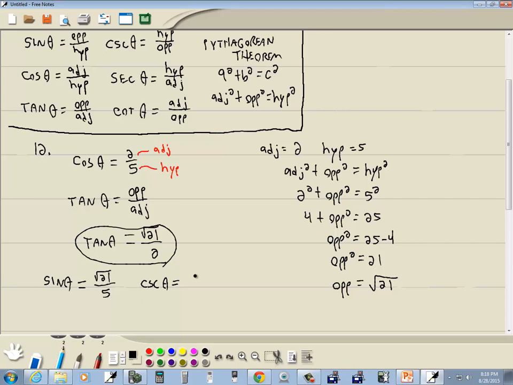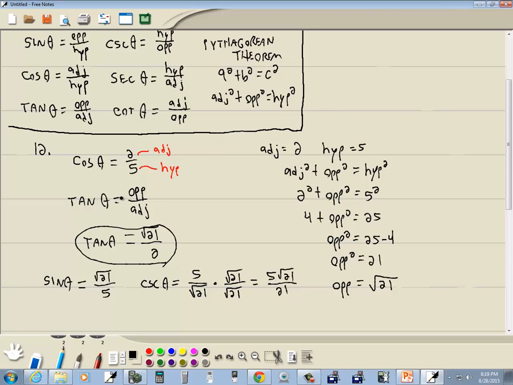So I'm going to take this fraction here, and I'll rewrite it as 5 over the square root of 21. Now, we can't have a square root in the denominator. So we're going to multiply top and bottom by that square root. You always do that. Whatever that square root is here, you multiply top and bottom by it. Which then gives us 5 square root of 21, and the square root of 21 times the square root of 21 gives us 21.